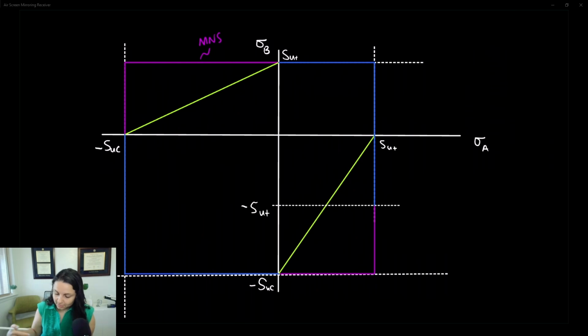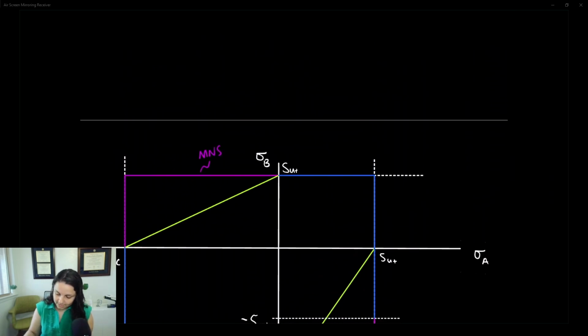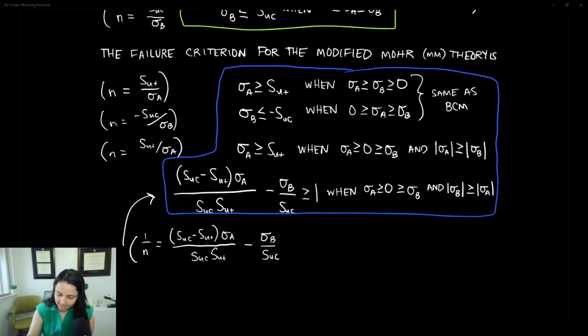We're just going to continue that straight line down. If we look again at this failure criterion, it says that sigma A greater than SUT is our failure criterion, so that's that same vertical line, in that quadrant where sigma A is positive and sigma B is negative, as long as the magnitude of sigma A is greater than the magnitude of sigma B.